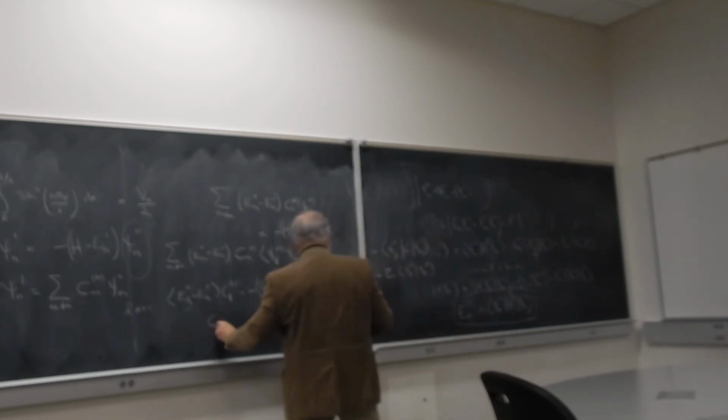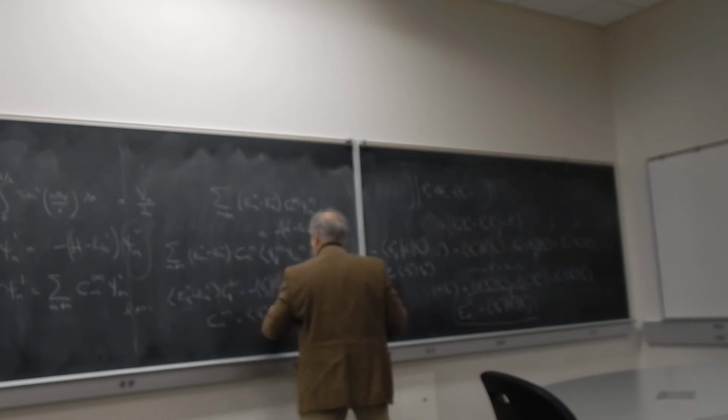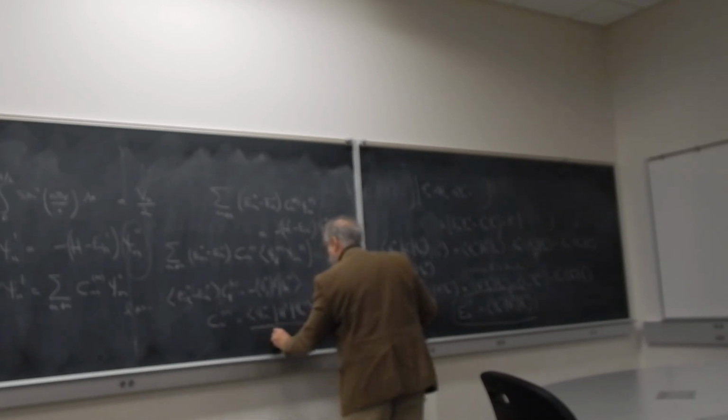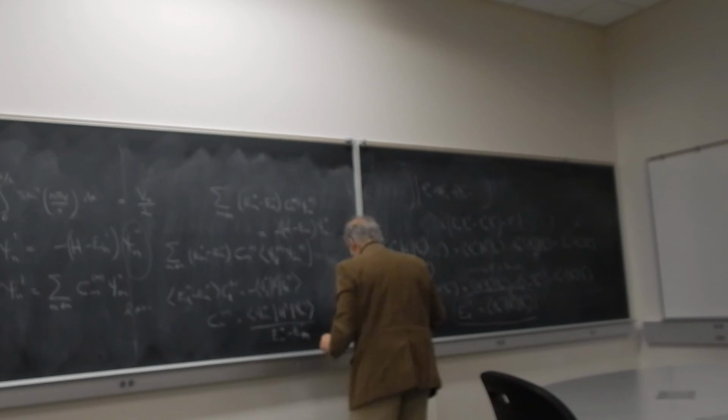Solve, and we get Cm,n is equal to psi m0 h1 psi n0 divided by en0 minus em0.